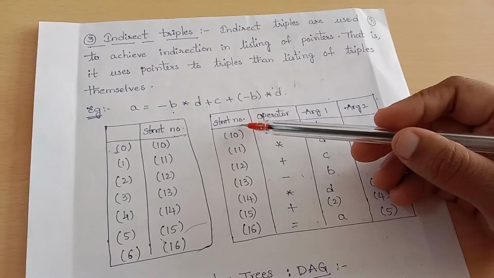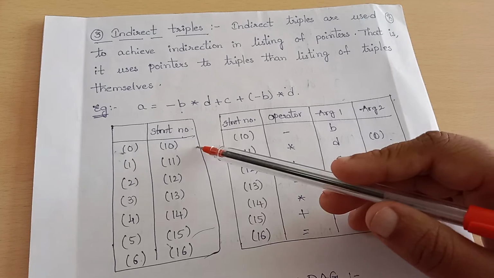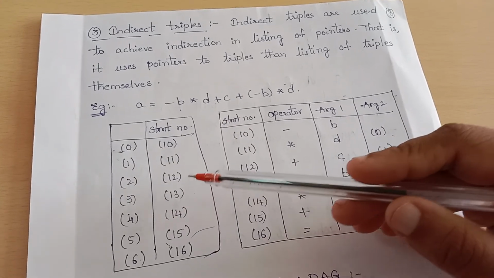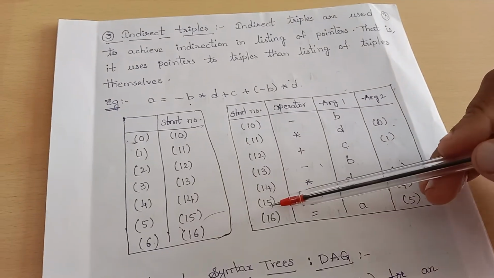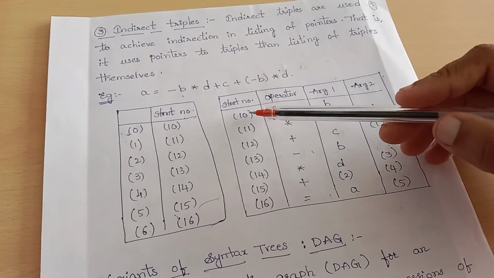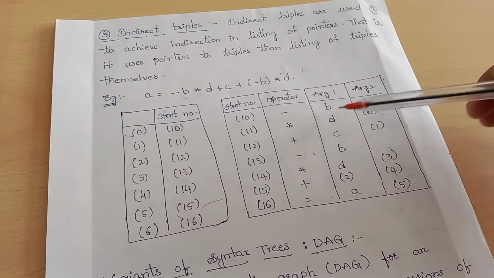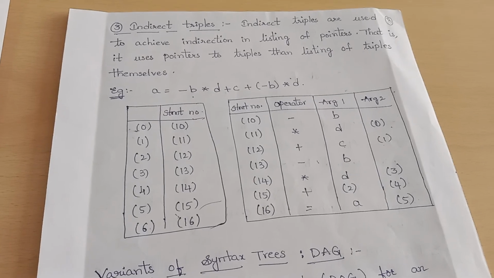So here in place of serial numbers, we are going to assign some indirect values. In those values the address is stored. So there we are going to use the indirect value. So this is the indirect triples. So you need to write the statement number, operator, argument 1 and argument 2. From the previous example only, we have drawn this table.